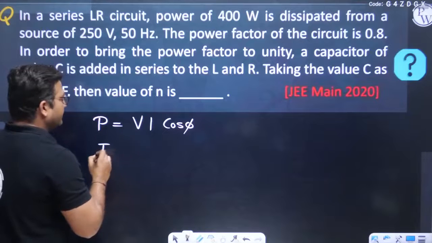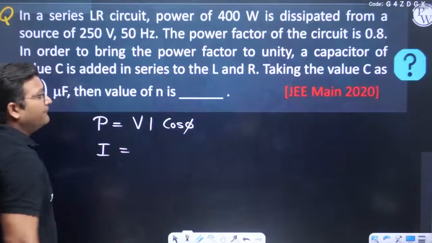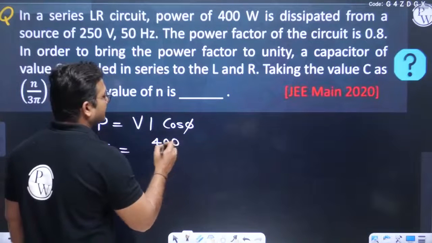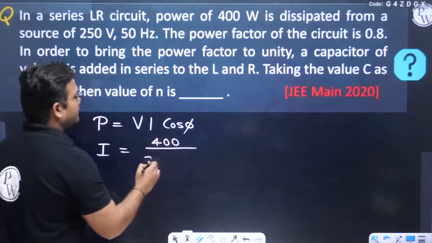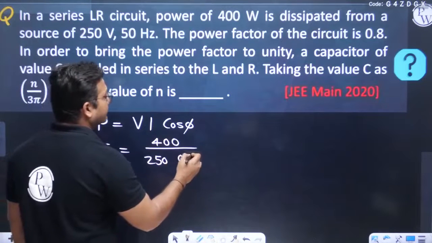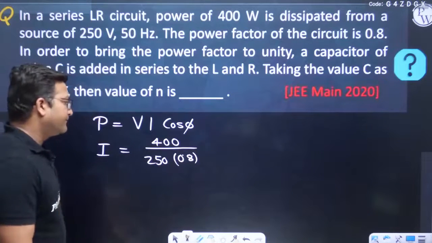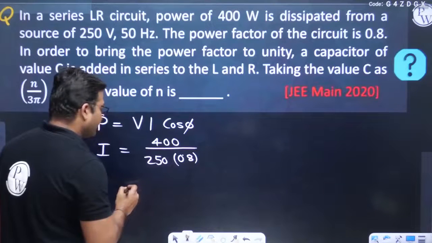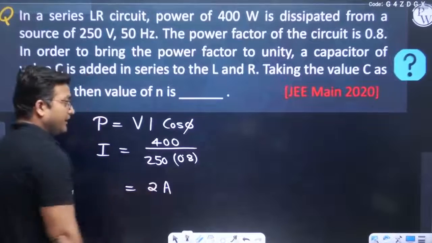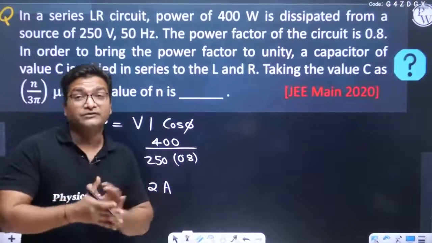So I equals power divided by V cos phi. Power is 400, V is 250, and cos phi is 0.8. If you solve this, you will find current as 2 ampere.